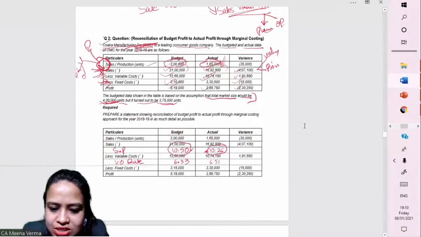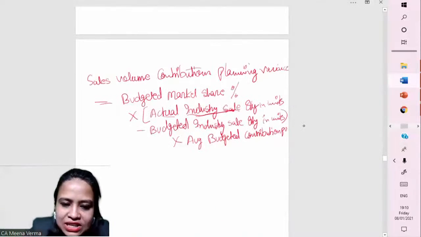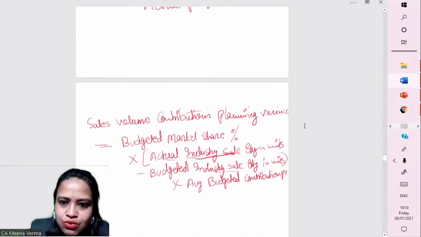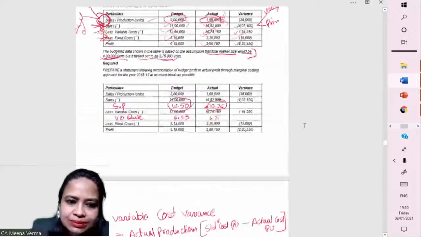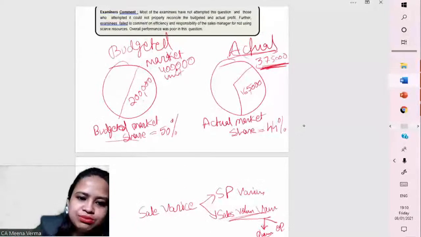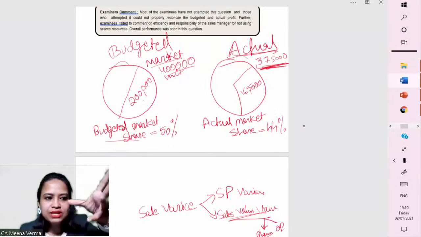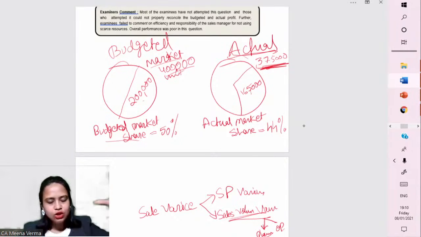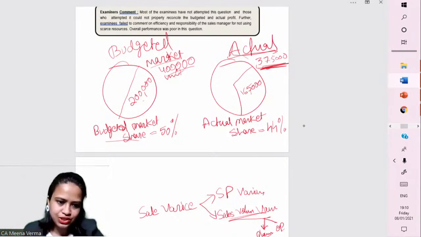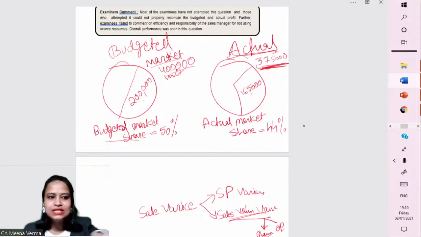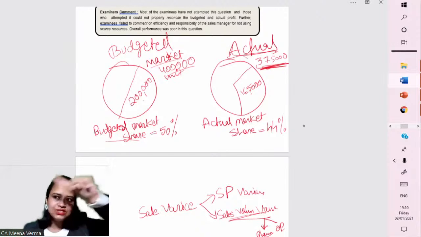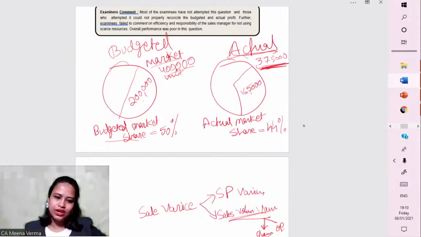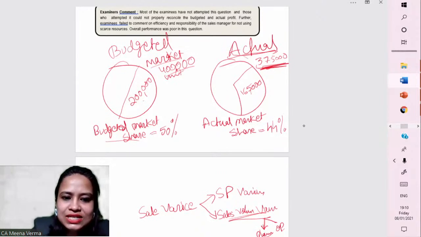Then they have asked you to consider the budgeted industry sale. This was the budgeted industry sale. Industry will include all other organizations also, the total sale of all the firms, all the companies.